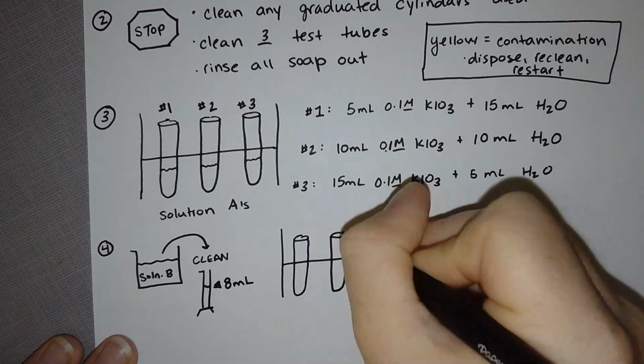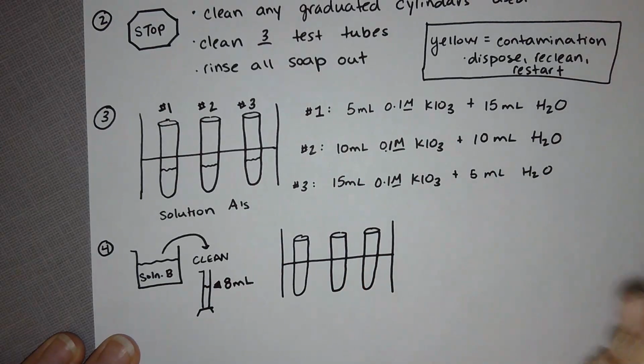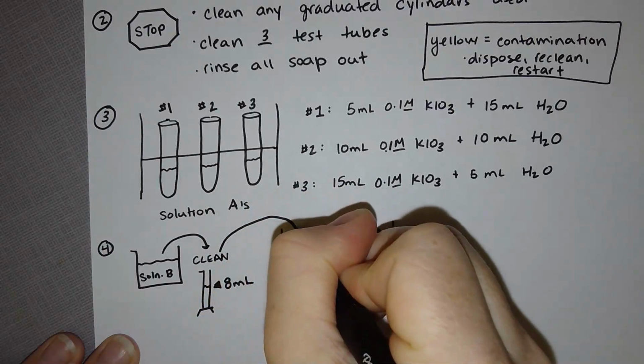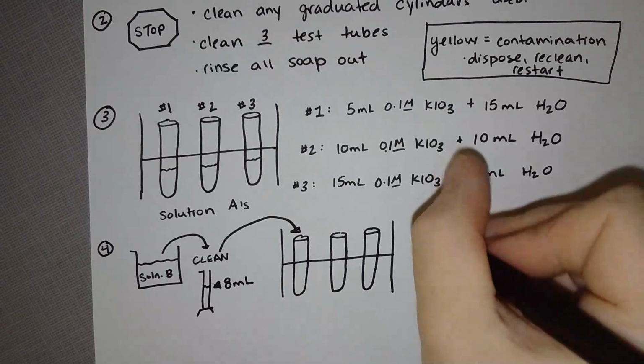Now, once you combine them, you're going to go ahead and hit start on your stopwatch. So you're going to add your 8 milliliters of solution B into test tube 1.